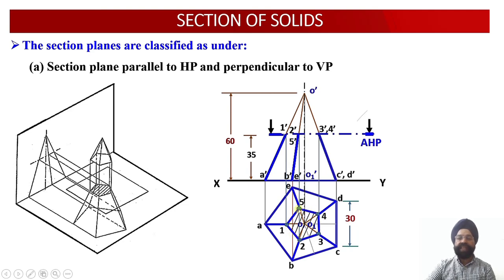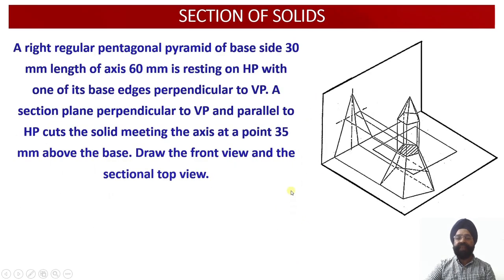But we need to understand that whenever a solid is cut by a cutting plane which is parallel to the horizontal plane and perpendicular to the vertical plane, the true shape will be available in the top view. Another thing we need to understand is that this solid is being cut at all the generators; you see these are all the 5 slant edges.